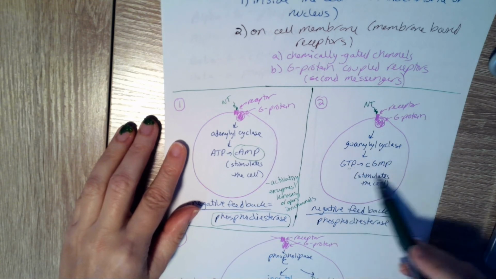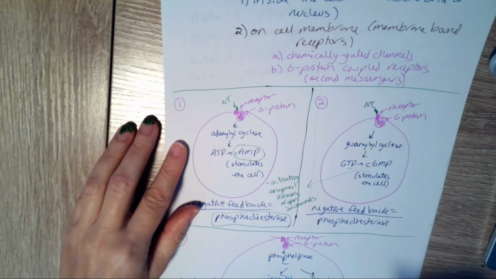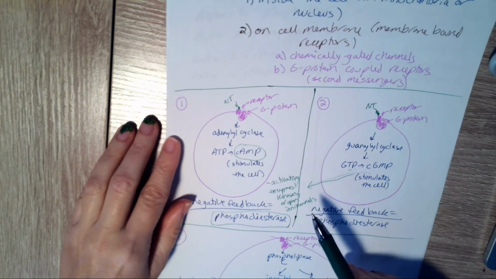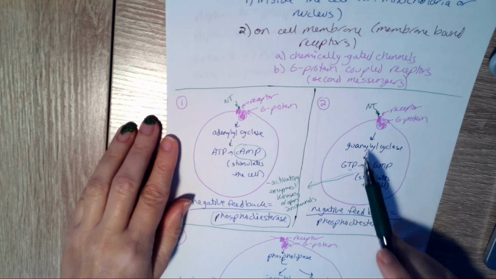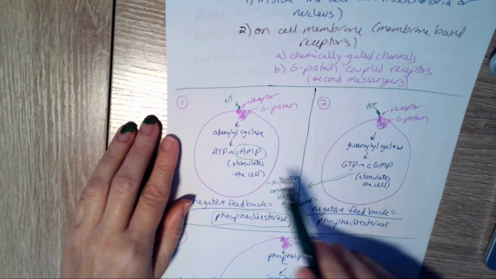And cGMP is going to stimulate the cell in the same way that cAMP did, whether by opening ion channels or activating enzymes, kinases. So these 2 are really very similar pathways.